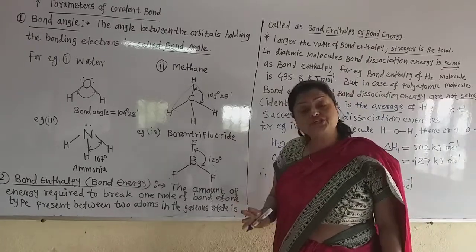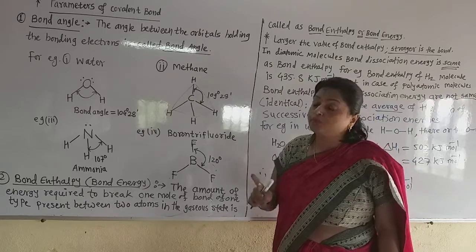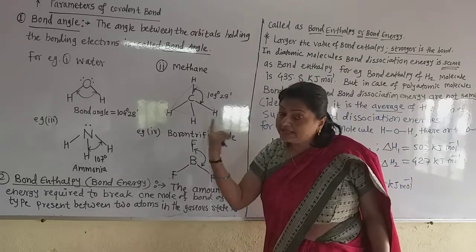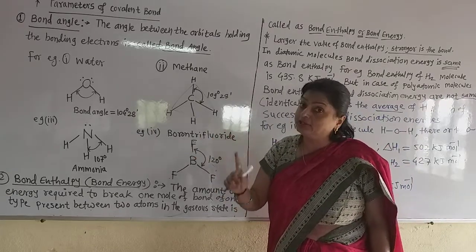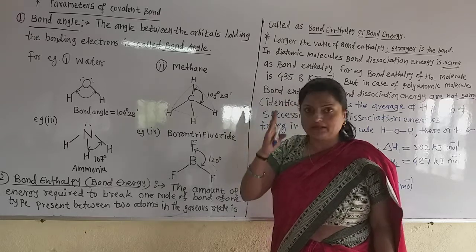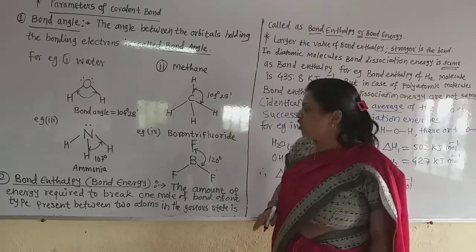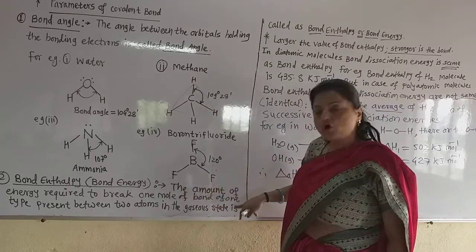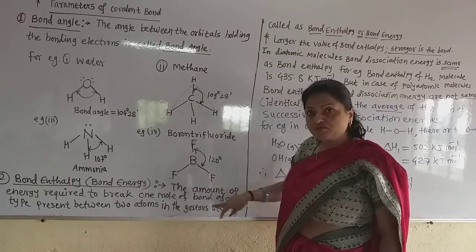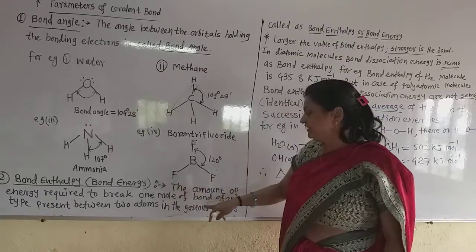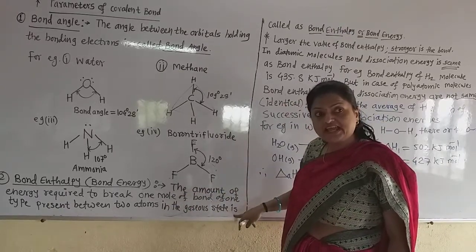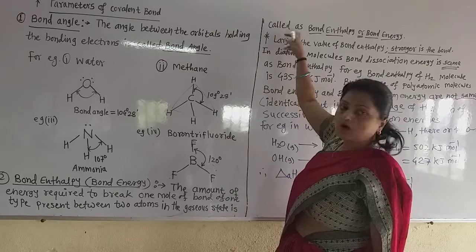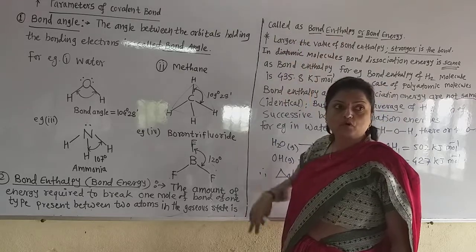That means first the molecule must go from solid to liquid, liquid to gaseous state, and then we can calculate the energy required to break the bond. So the amount of energy required to break 1 mole of bonds of one type present between the two atoms in the gaseous state is called the bond enthalpy or bond energy.